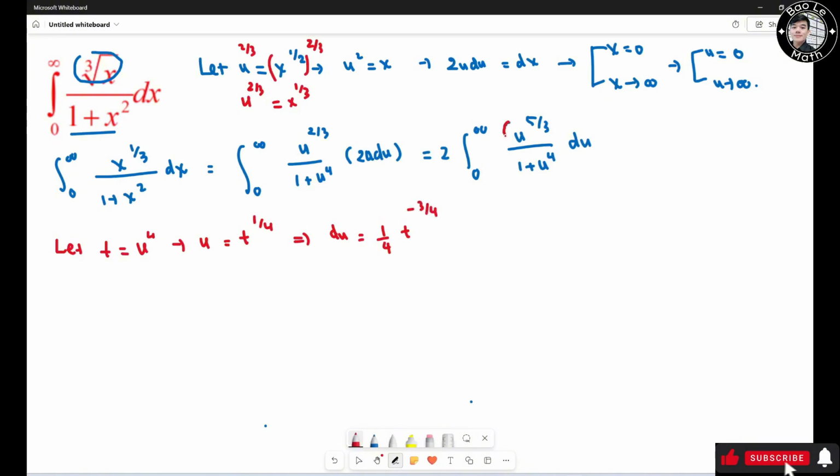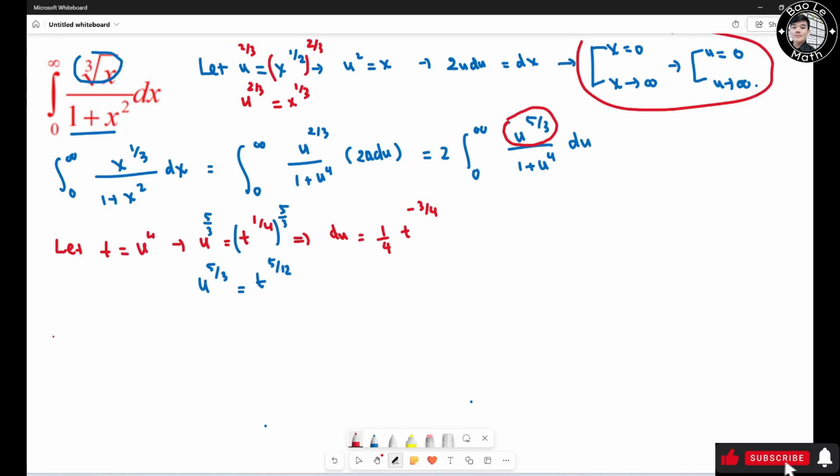Now I need to calculate u^(5/3), so I need to raise both sides to the 5/3. So I have u^(5/3) equals t^(5/12), right? Now I need to change the lower and upper limits, and it's going to be the same thing.